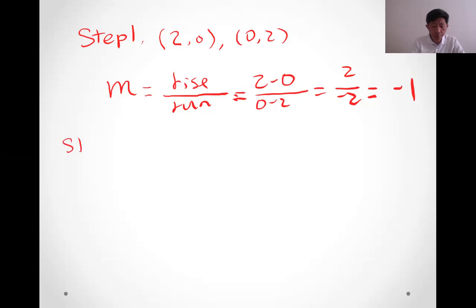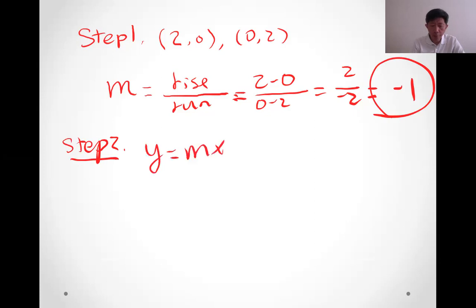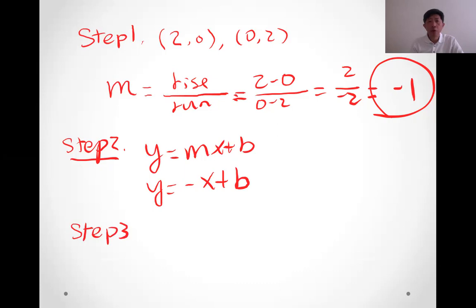Step two, I plug the slope into y equals mx plus b. So y equals negative x plus b, right? The next thing I need to find is the intercept, which is b. So step three: I can pick any point, 2, 0 or 0, 2.